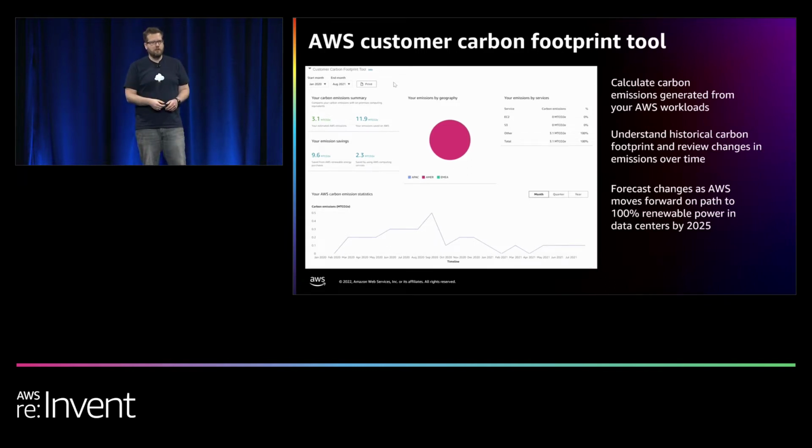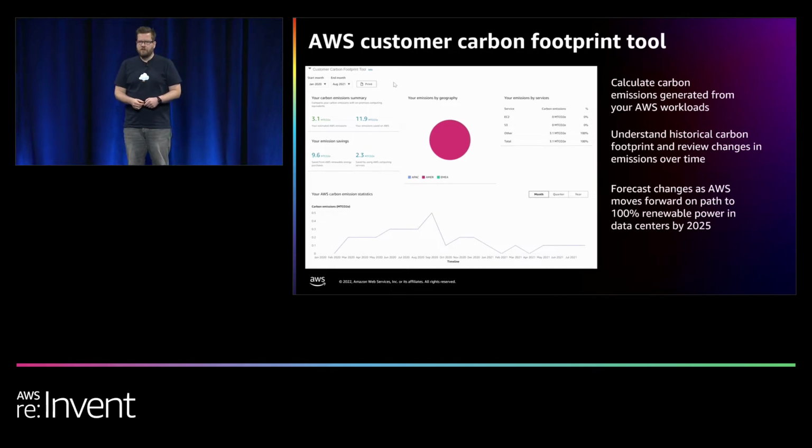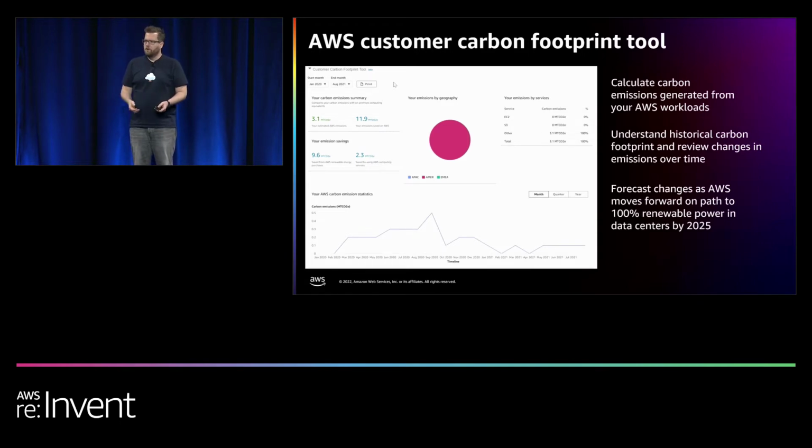You go to the billing console, and you will see it there next to the cost and usage reports. It lets you track the emissions of your workloads there. You can understand the historical footprint of this account by month, and you can also see a forecast of your emissions based on your usage and based on AWS renewable energy projects running.